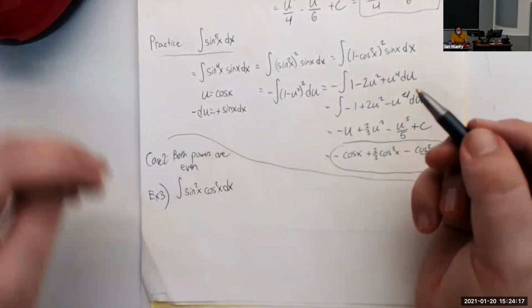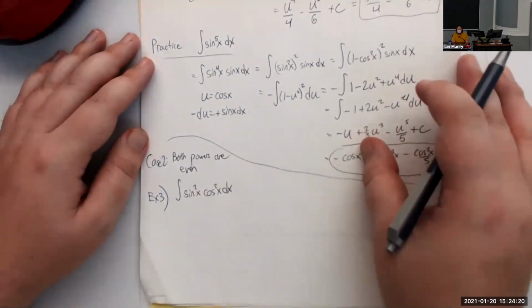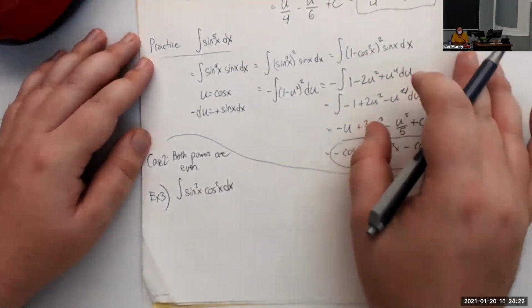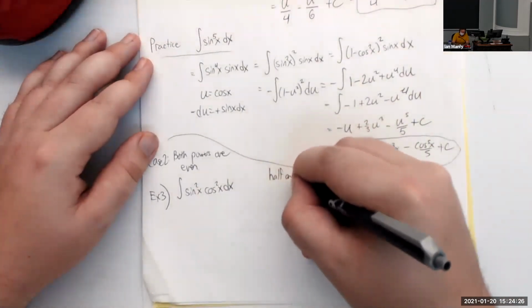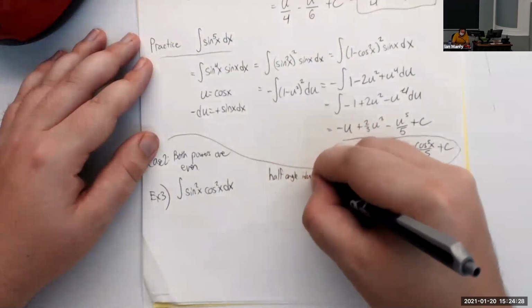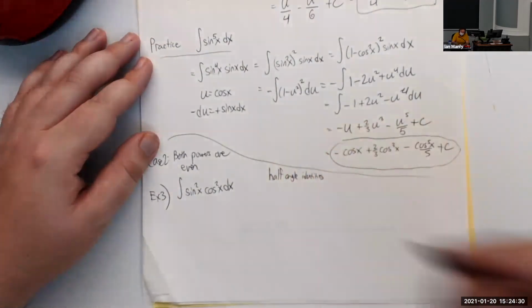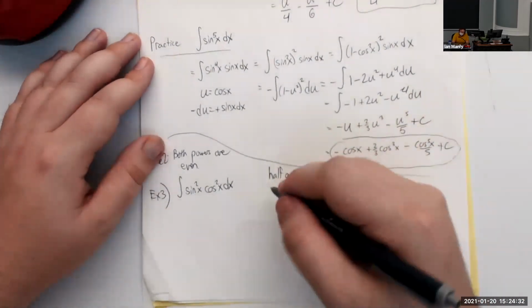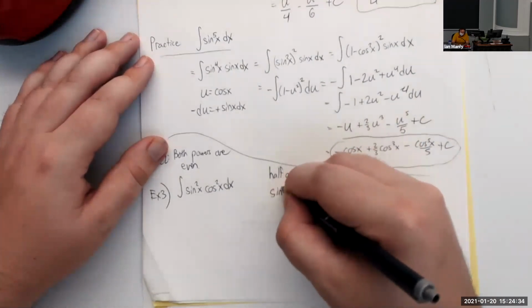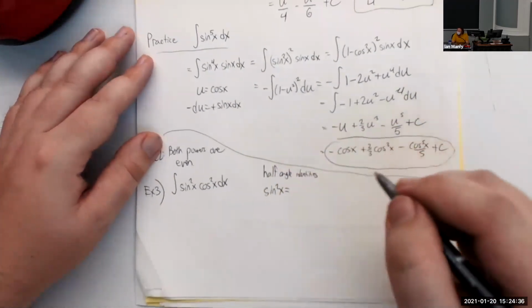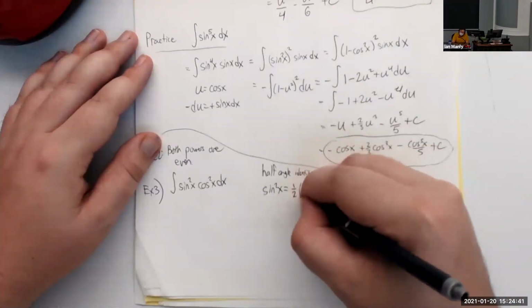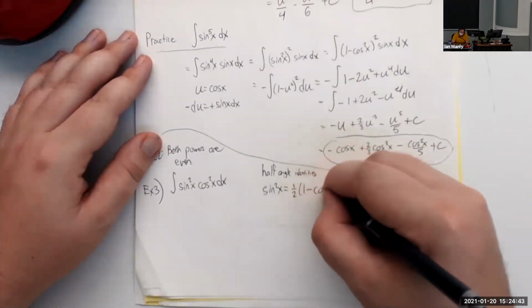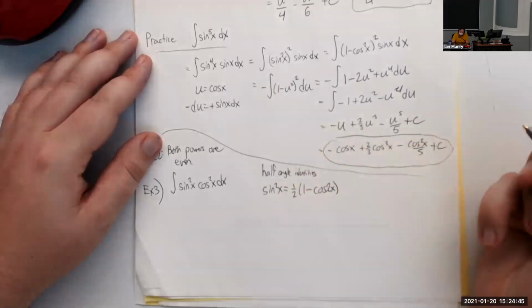So what are we supposed to do here? Well, in this problem, we're going to use a different trig identity to help us. And these trig identities, there's actually 2 of them. These are called the half angle identities. All right, so what are these guys? Well, if you ever have a sine squared of x and you really just want to get rid of that square, you can change it into 1/2 times 1 minus cosine of 2x instead.